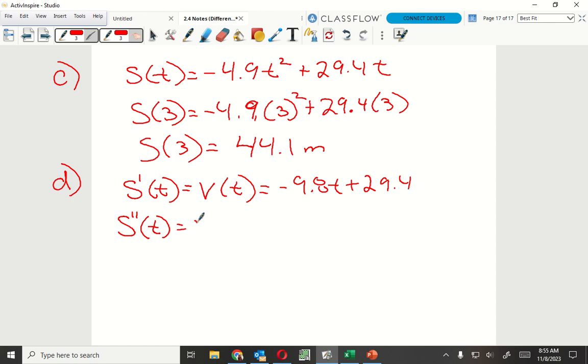So that's my v prime of t, which also is acceleration, the acceleration of t. All those mean the exact same thing. So when I do the math, I'm going to come up with negative 9.8.